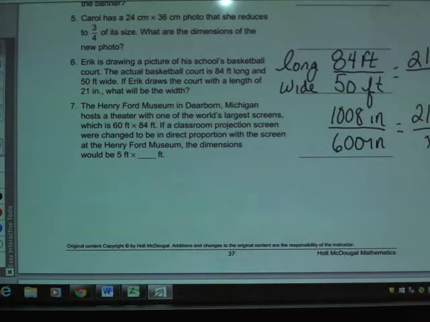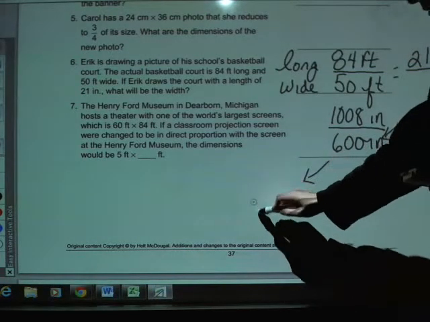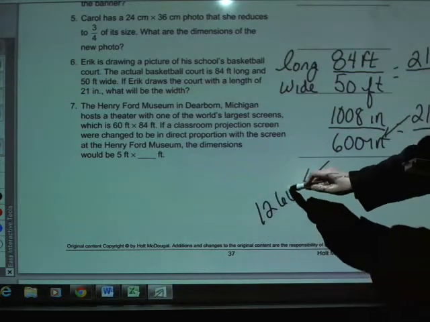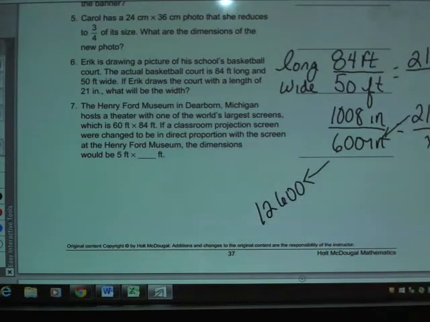So remember, the diagonals have to be the same. So the one diagonal is 600 times 21, which is 12,600. Big number. So the other diagonal also has to make 12,600. So I'm saying, what am I going to multiply by 1,008 to get to 12,600?